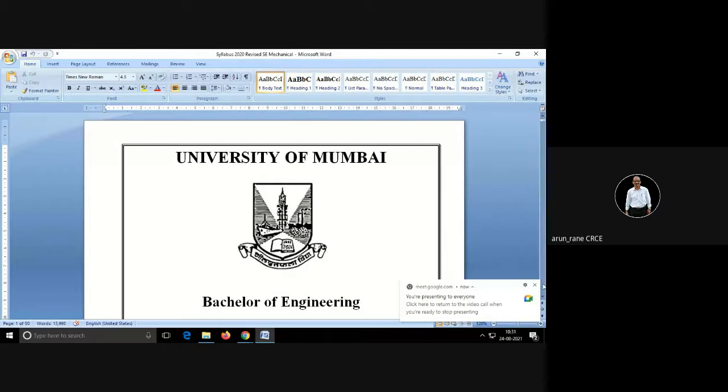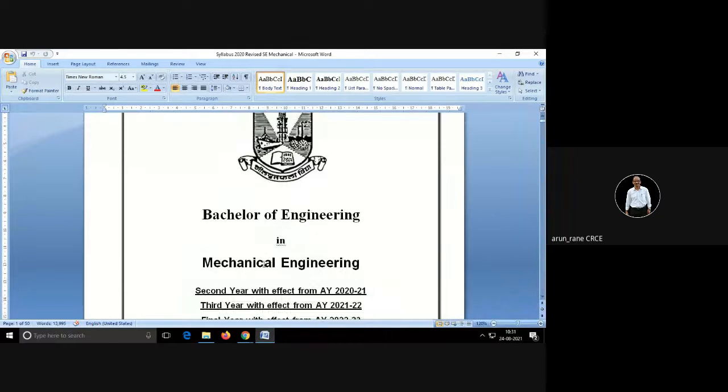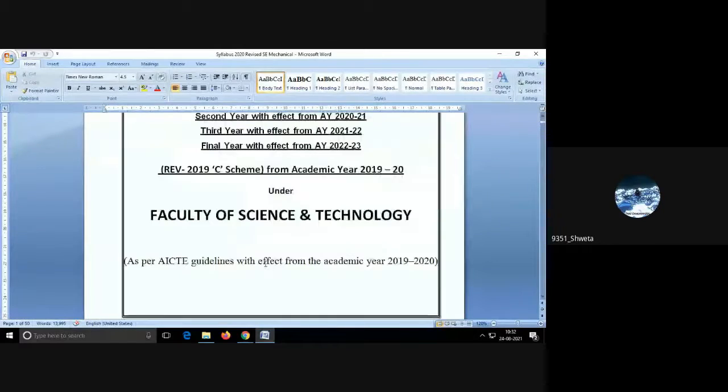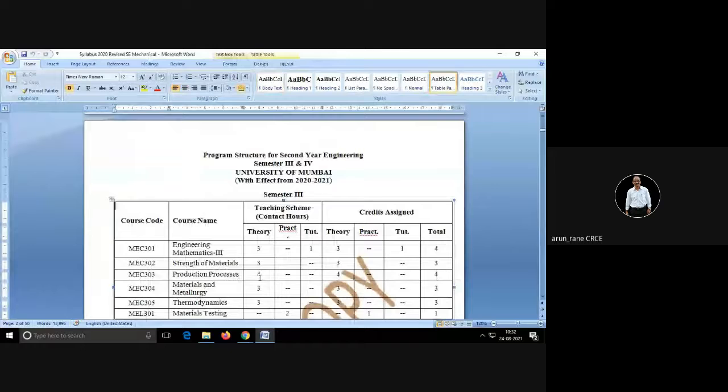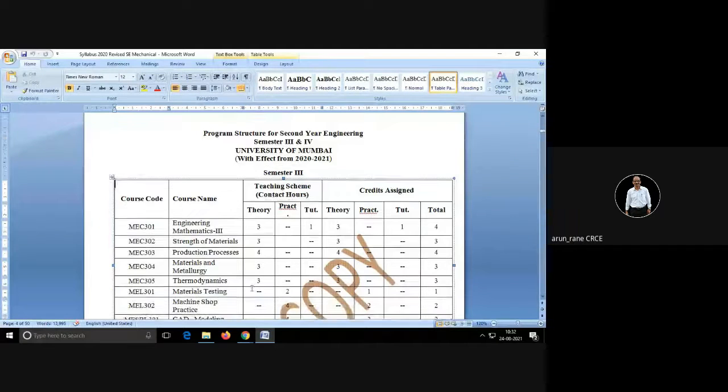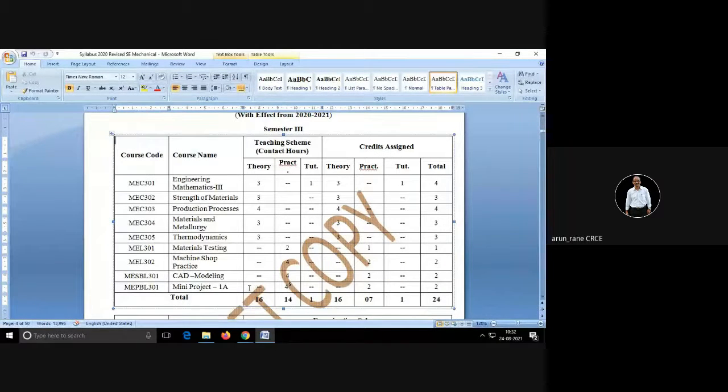Can you see the screen? Yes, sir. This is the syllabus. So the course code is MEC 303 and the course name. Course means subject.